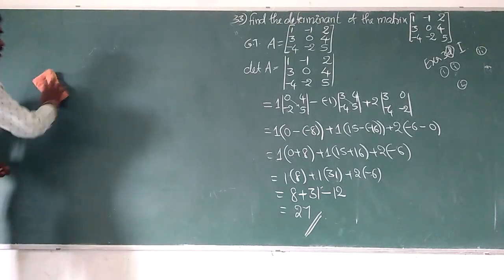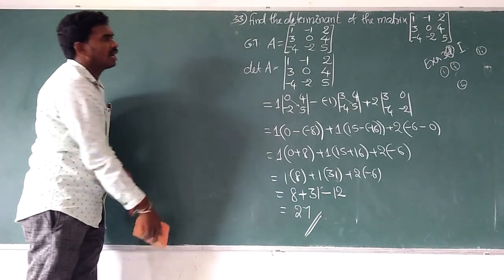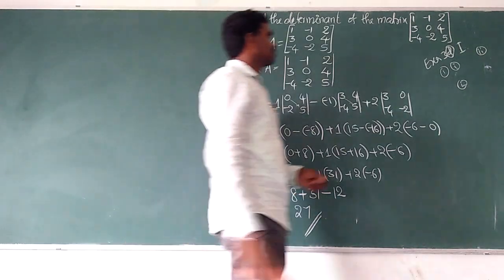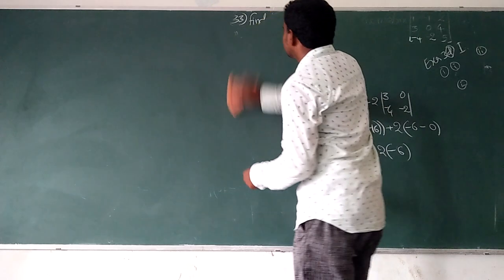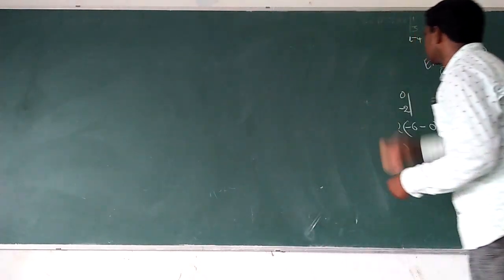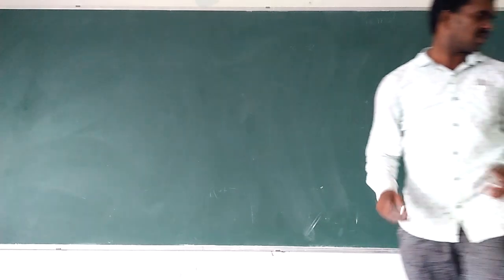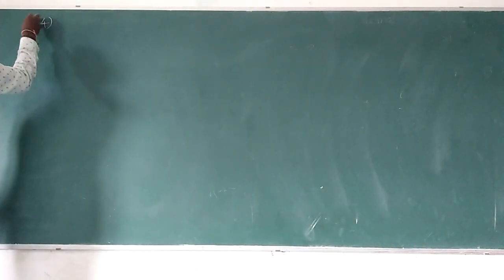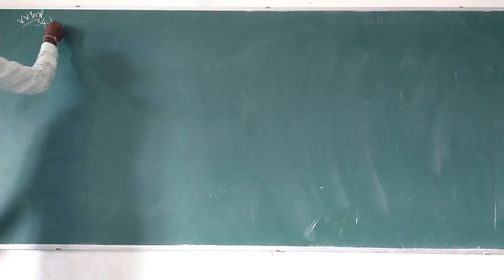Whenever you feel my class is fast, you just pause the video and make the notes. Next, as I told you, a very most important question, 34th. Very important. This is for 2 marks.